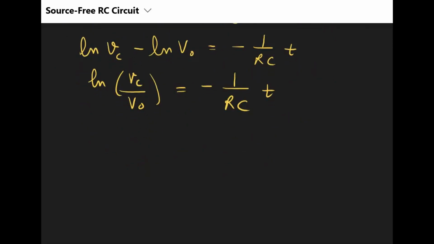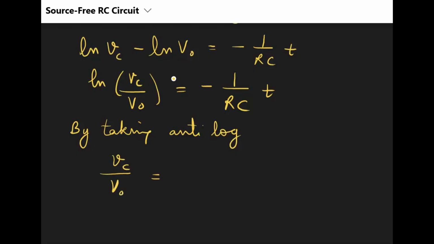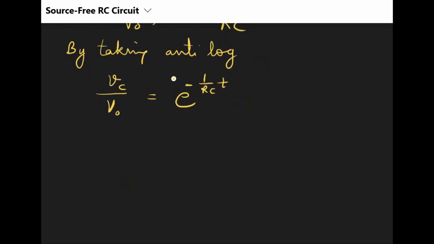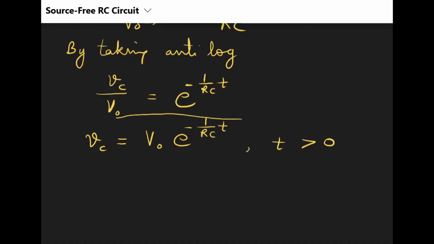So by taking antilog on both the sides, we will get Vc upon V0 equals to e to the power minus 1 upon RCt. Or we can say that Vc is equals to capital V0 e to the power minus 1 upon RC into t for t greater than 0. So this is the equation for the voltage across capacitor in a source free circuit.